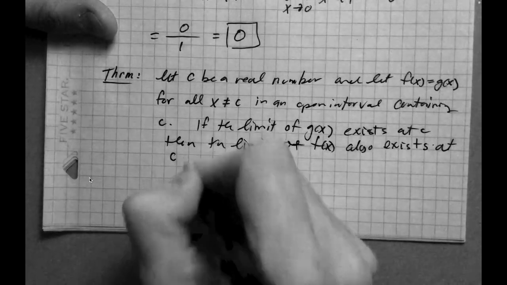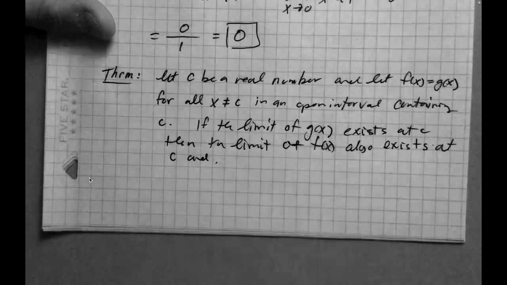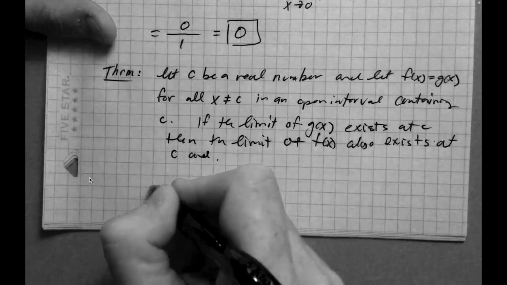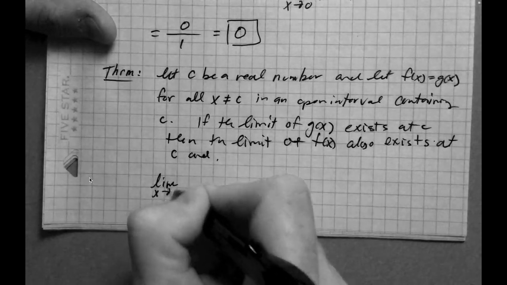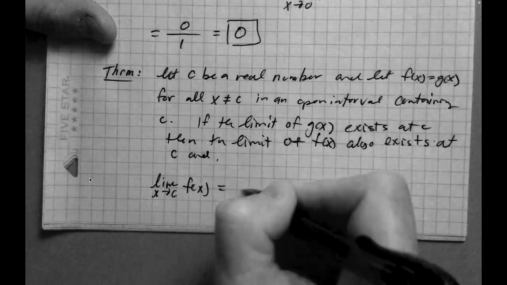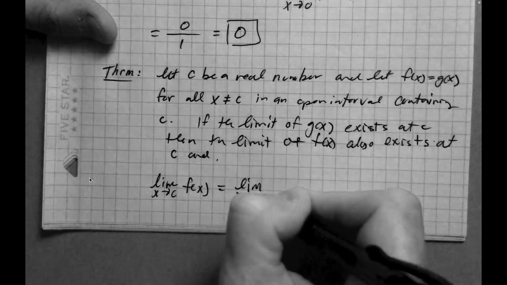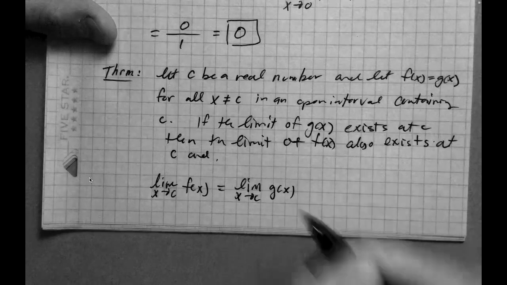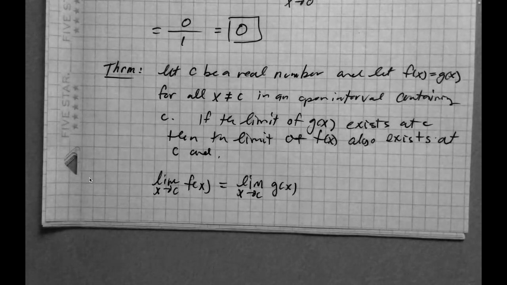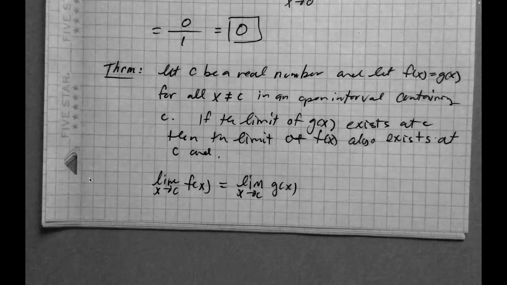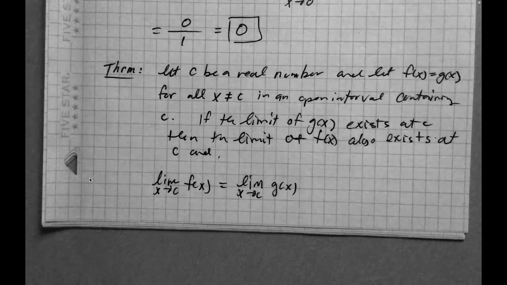To be more specific, the limit as x approaches c of f of x is equal to the limit as x approaches c of g of x. Basically, if you have two functions that are identical everywhere except at x equals c, then the limit at c is going to be the same for them regardless of how the two functions differ at that point.